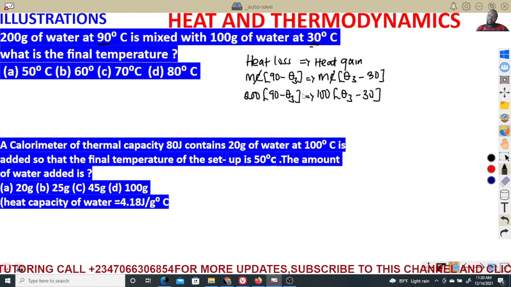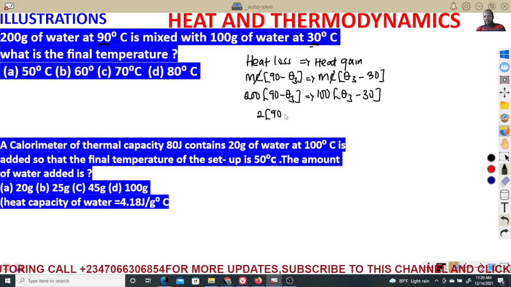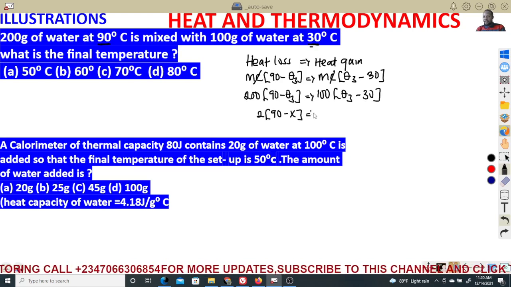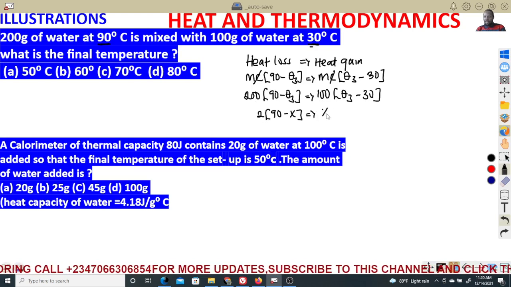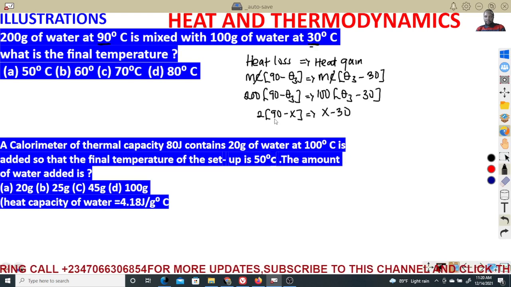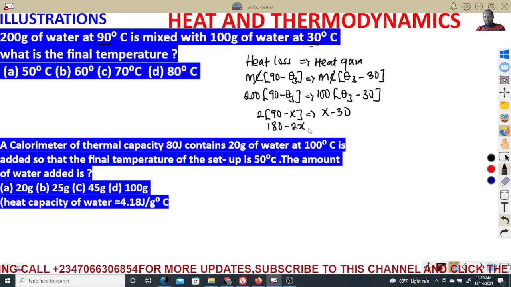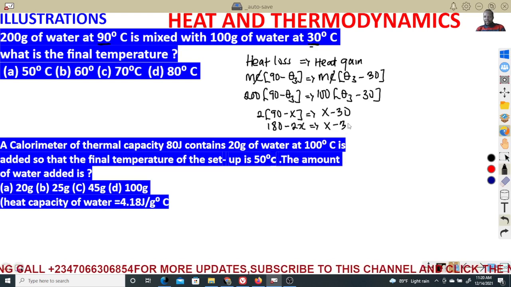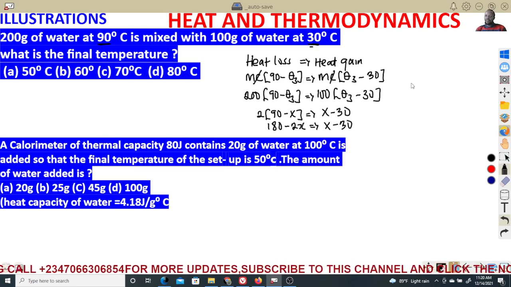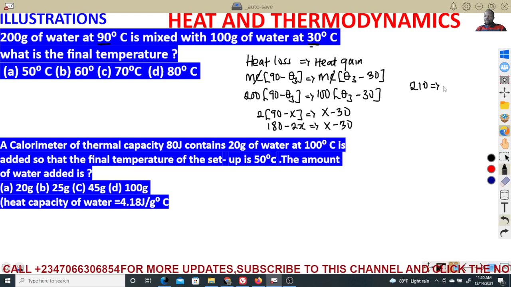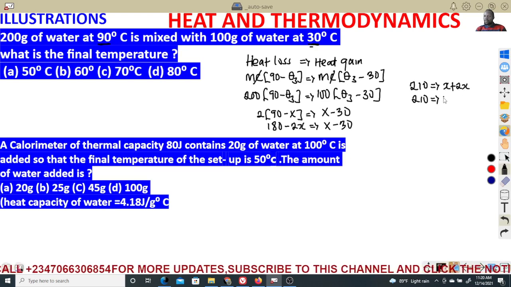I should finish this for you. Divide both sides by 100. This is 2 into brackets 90 minus x, equals x minus 30, with x as theta 3, since I know my students very well. 100 cancels out. So 2 times 90 is 180, minus 2x, equals x minus 30. 180 plus 30 is 210, equals x plus 2x, which is 3x.